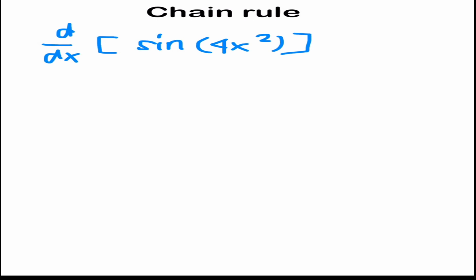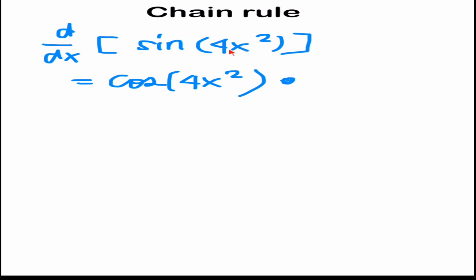Next, we have the derivative of sine of 4x squared. Again, the derivative of sine is cosine. So we have cosine, copy what is inside, 4x squared, then multiply it by the derivative of the inside.